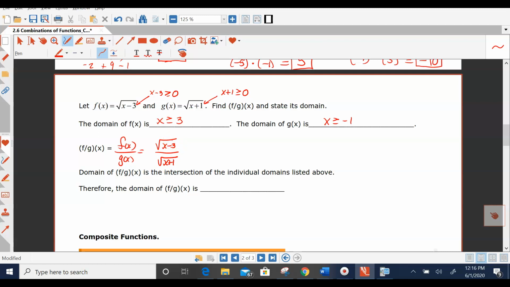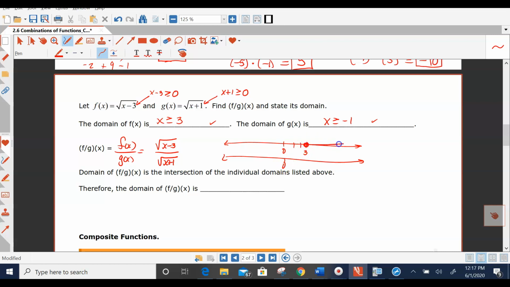But the domain of f divided by g is the intersection of the two domains listed above. Where would those two domains intersect? I'm going to draw two number lines. X greater than or equal to 3 would be everything from 3 to the right.